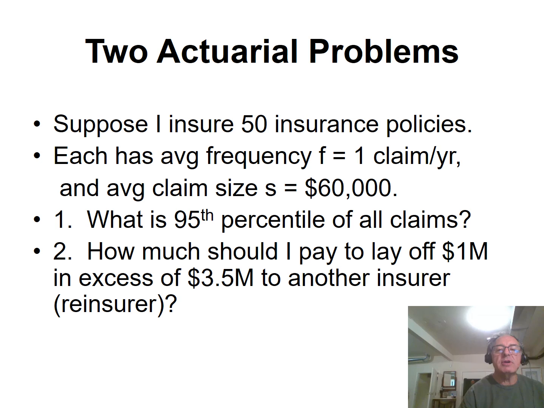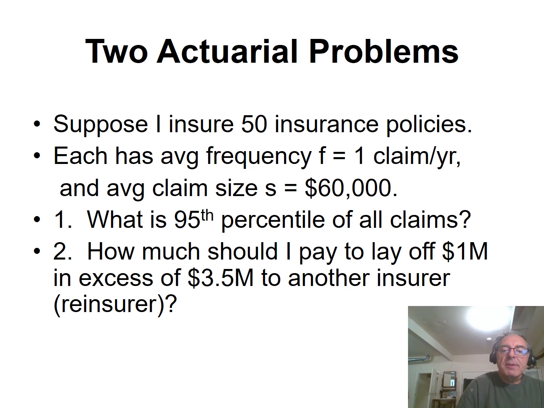So this is the distribution. So two problems that have interested me as an actuary is, of all my 50 policies, if I put them together in a portfolio and ask what is everyone's claims experience for the year, what is the 95th percentile of all claims? And separately from that, how much should I pay if I want to lay off $1 million in excess of $3.5 million to another insurer?